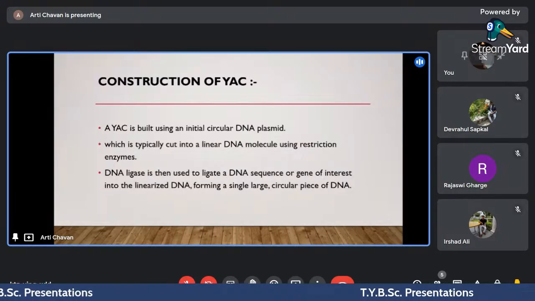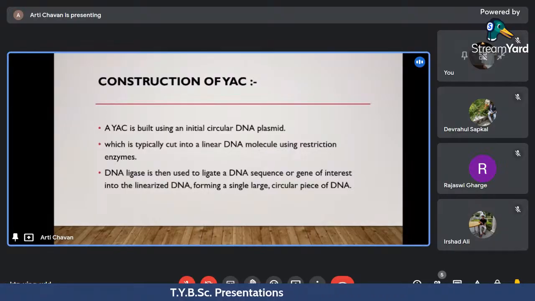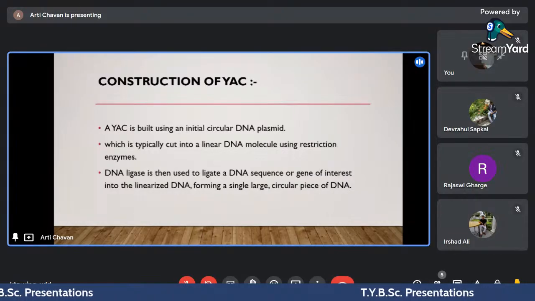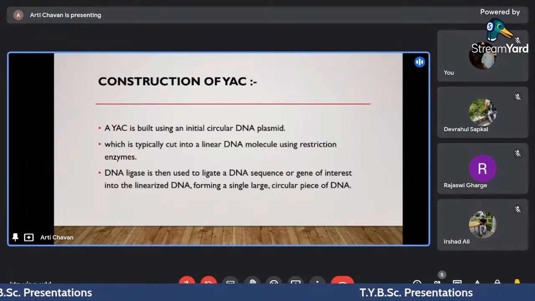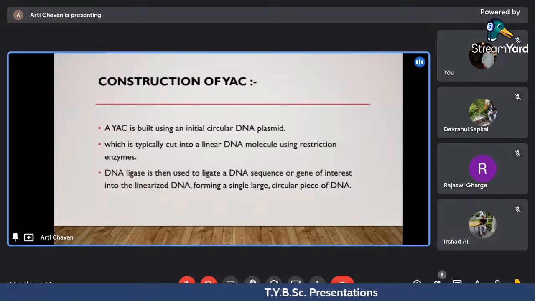Construction of YAC. A YAC is built using an initial circular DNA, which is typically converted to a linear DNA molecule using restriction enzymes and DNA ligase, and then used to ligate a DNA sequence or gene to insert it into the linearized DNA, forming a single large circular piece of DNA.